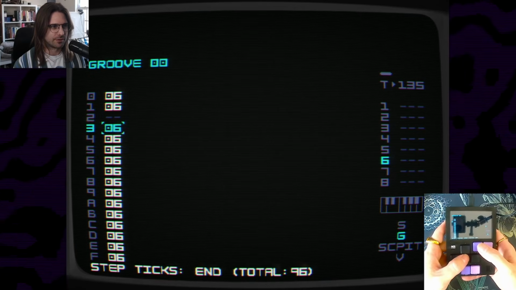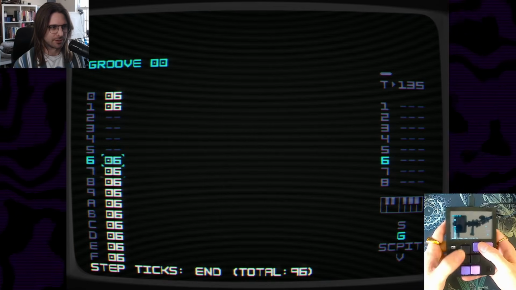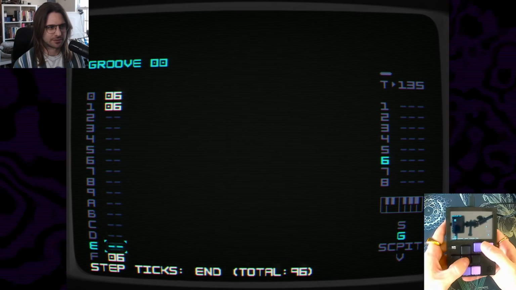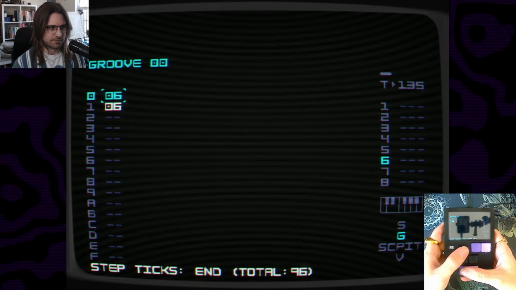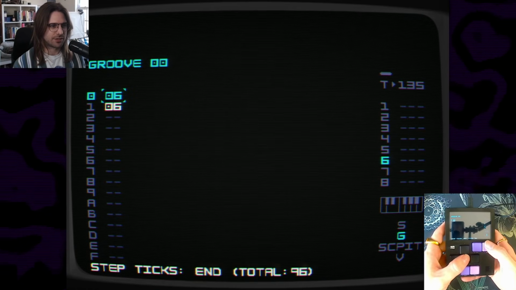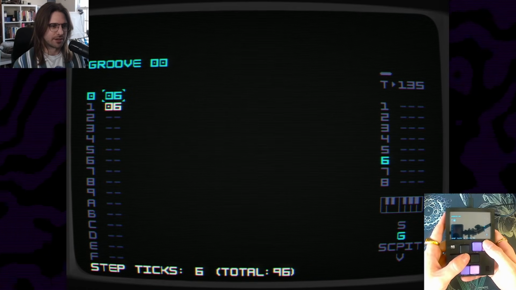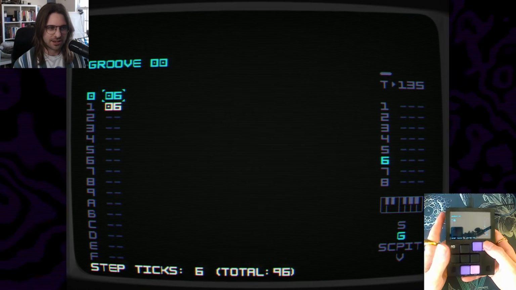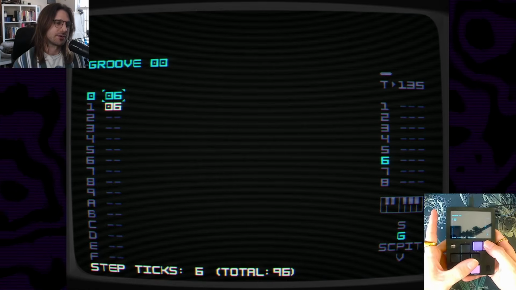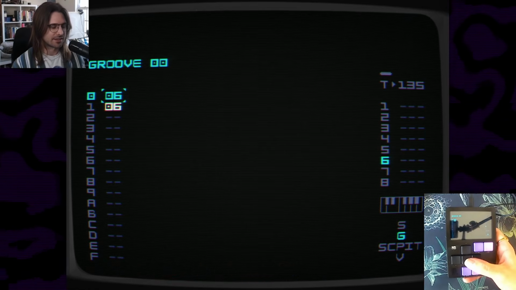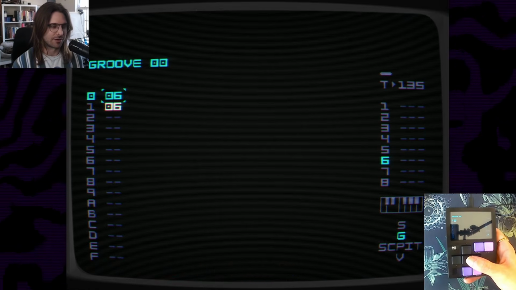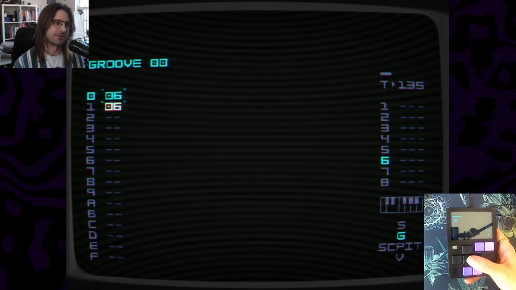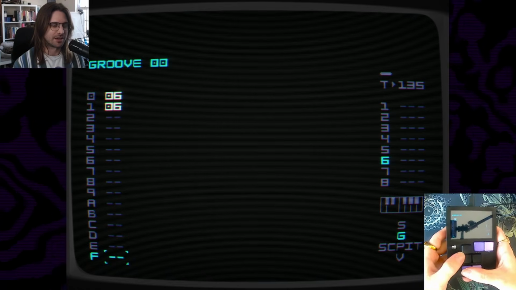Now, there doesn't have to be. I'm going to clear all this out really quickly. If you take a look at the bottom down here where it says step tick equals 6, obviously that's what the 6 is. Inside the parentheses where it says total 96, that's the number of ticks that are happening over the course of this entire phrase.